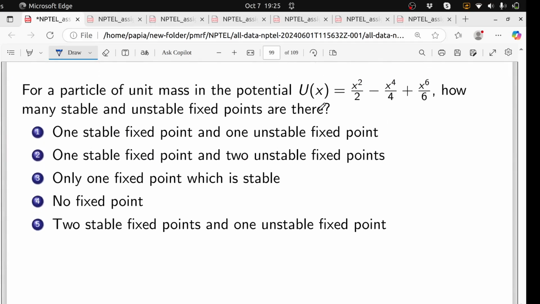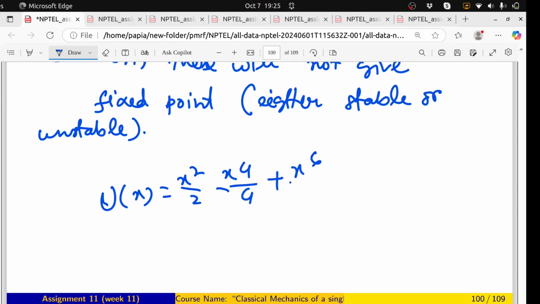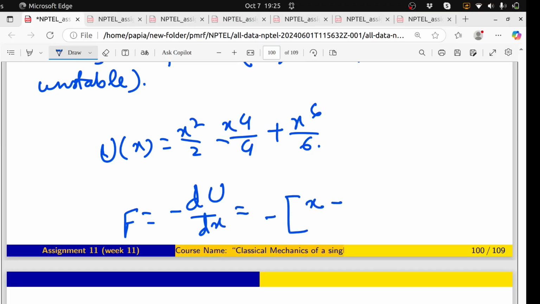Now coming to U equals x square by 2 minus x to the power 4 by 4 plus x to the power 6 by 6. So if I do F equals minus dU/dx, it will be minus x plus x cube minus x to the power 5. Okay, fine.